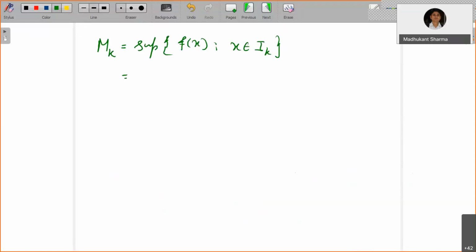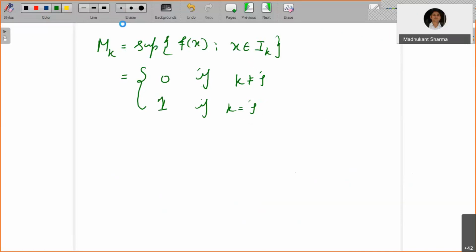This is equal to 0 if k is not equal to j, because the function is 0 everywhere else in the interval. Now if k is equal to j, the function value at the point 1/2 is 1, and 1/2 lies in the jth subinterval. So we have both definitions now, small mk and capital Mk.